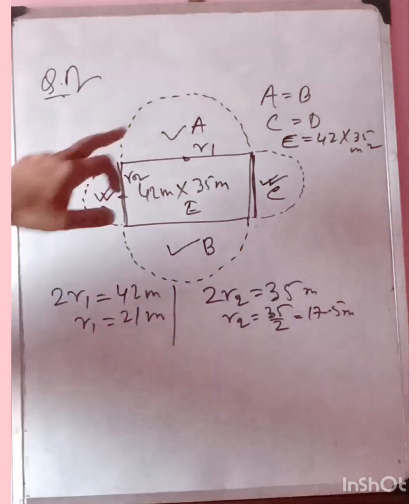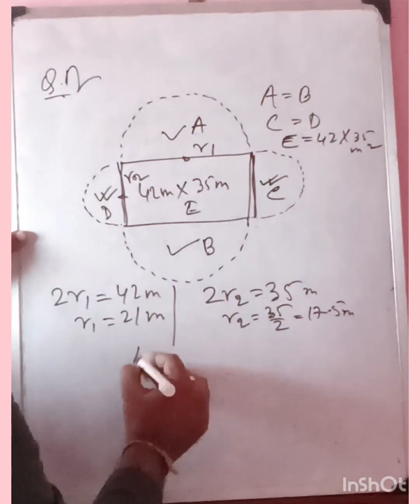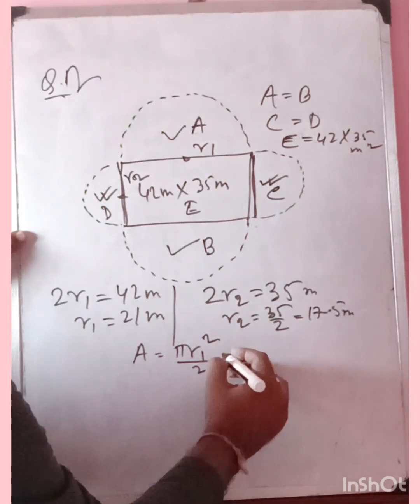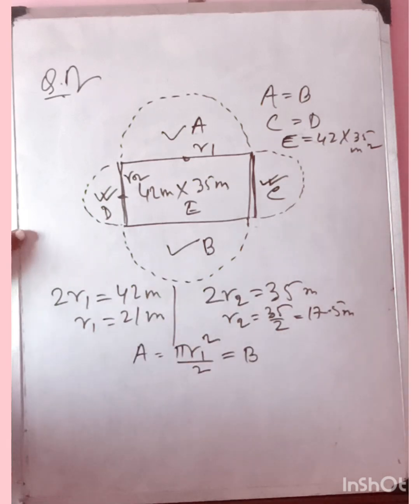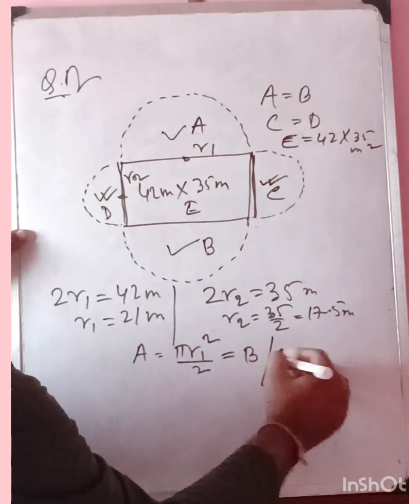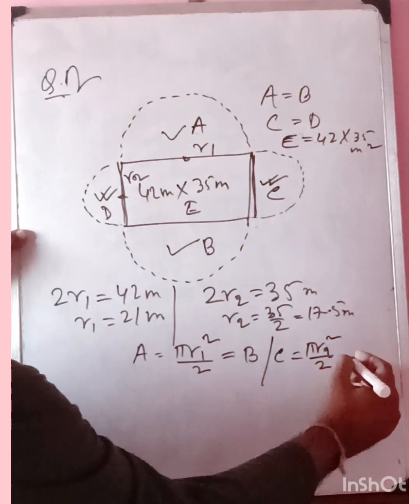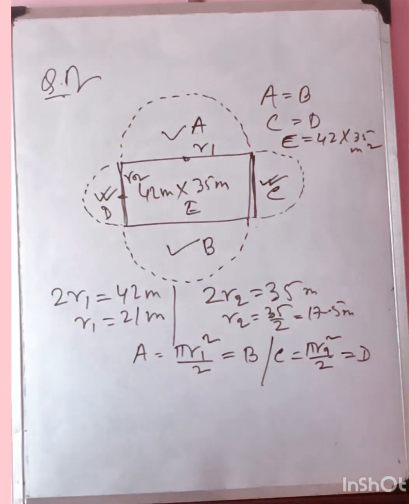Okay? So this is area A equals to pi R1 square by 2 equal to area of B, and for C it is pi R2 square by 2 equals to area of D.